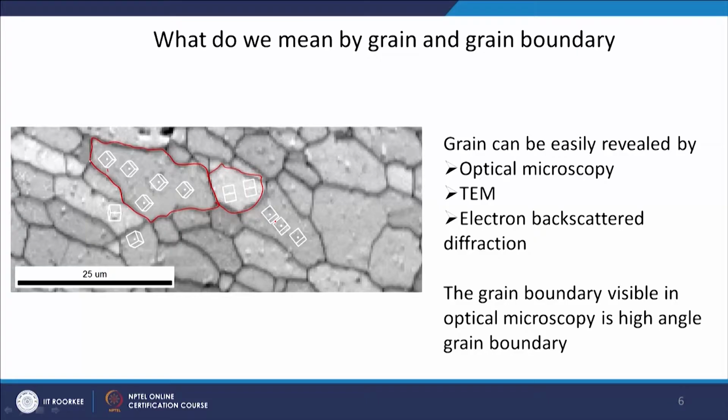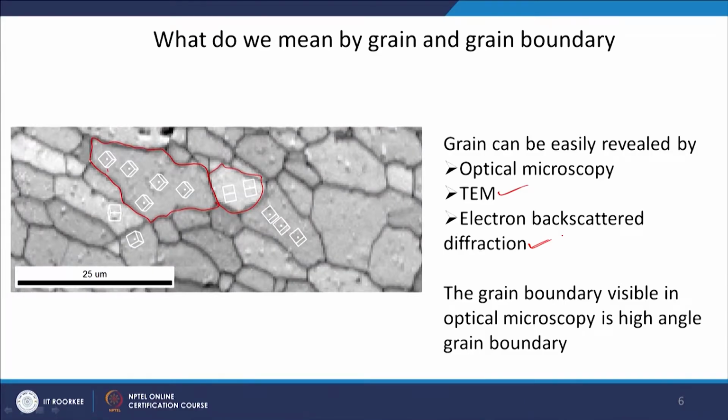What you see in an optical microscope is what we call high angle grain boundaries. We will see what we mean by high angle grain boundary. And low angle grain boundaries, what we saw in the previous slide schematically as subgrain boundaries, will not be visible in an optical microscope.